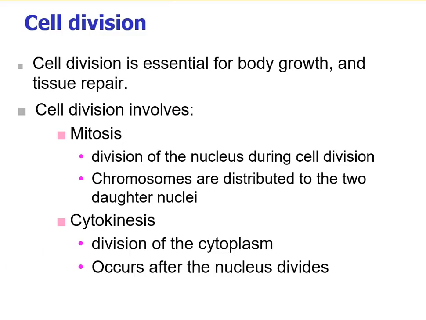Okay, now let me ask you, why do we need cell division? Why is cell division essential for our body? Consider the example of a 2-year-old cute baby version of yourself and compare it with your current appearance. Notice the changes. The first thing that you can see is you got taller.